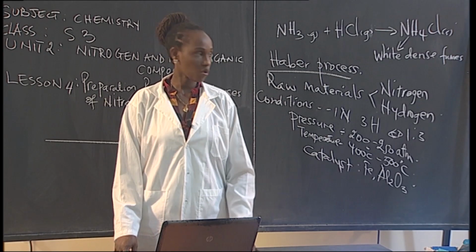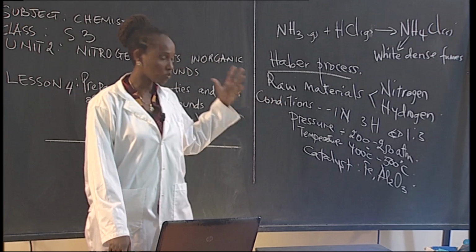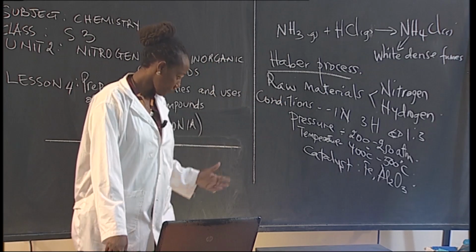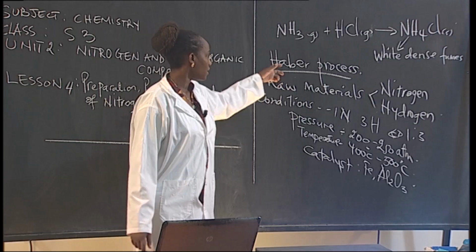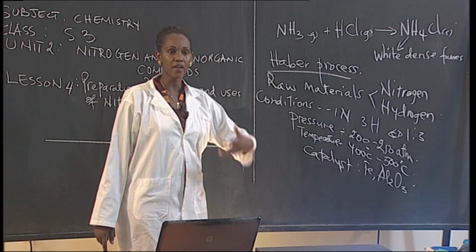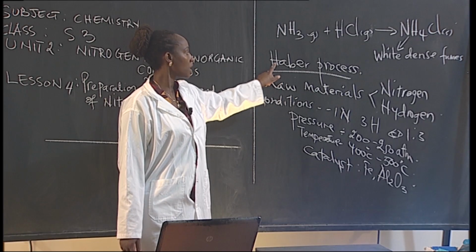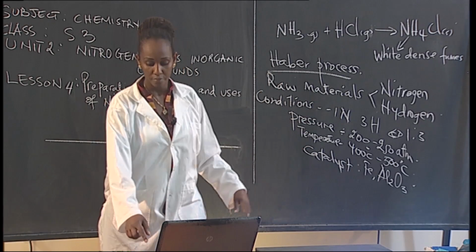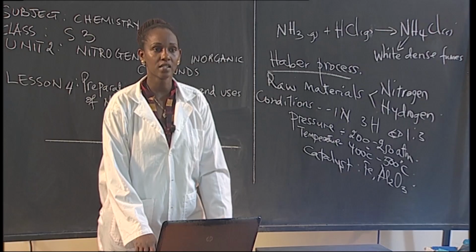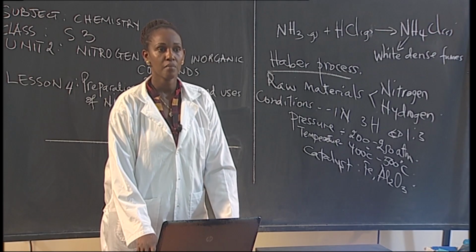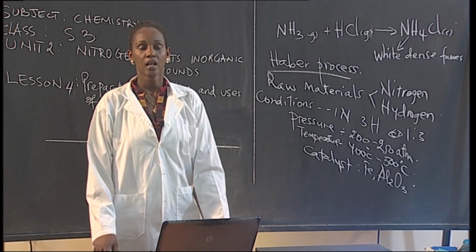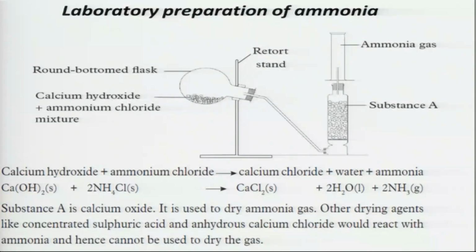All right? In the Haber process, that's why I've put emphasis that there is manufacture of ammonia in abundance when we use the Haber process, compared to the first method where we react calcium hydroxide with ammonium chloride.